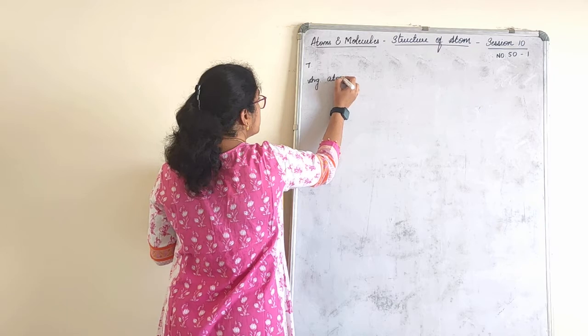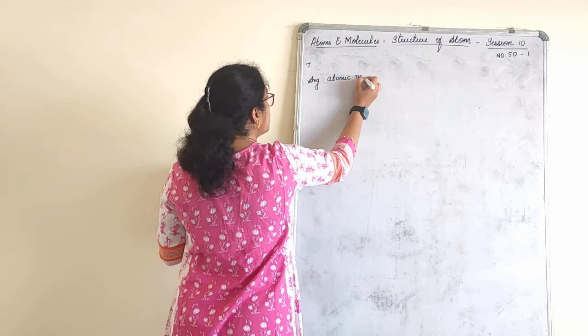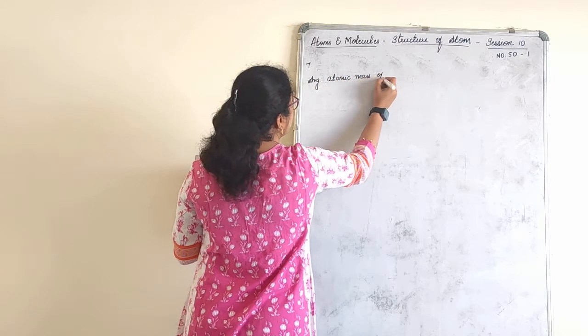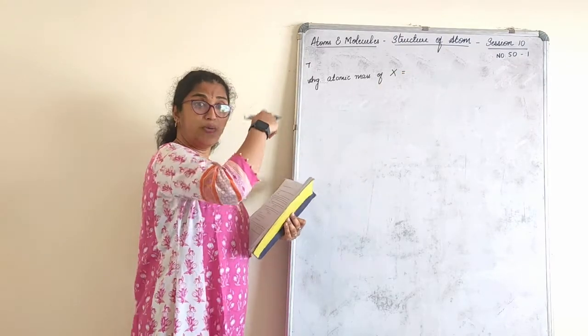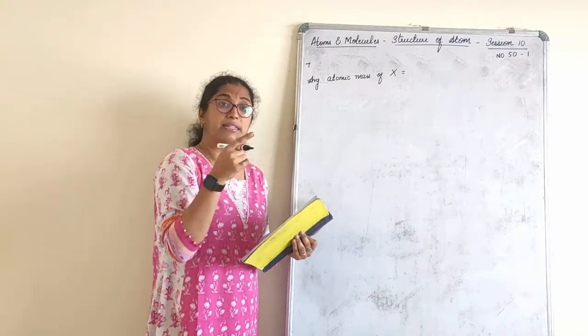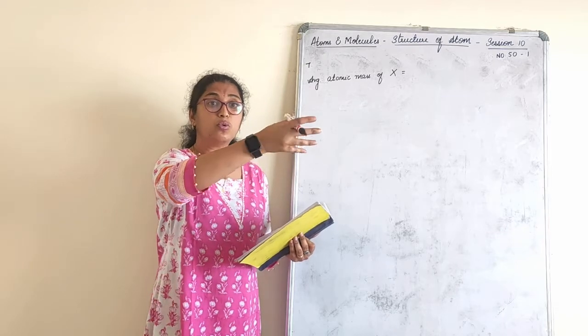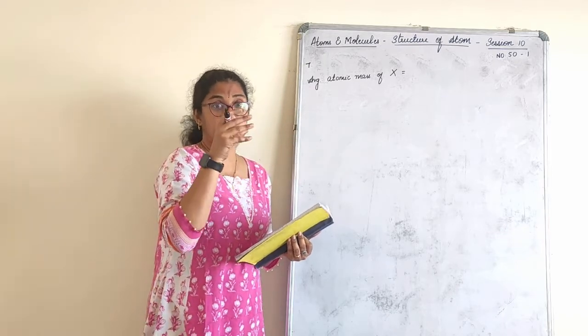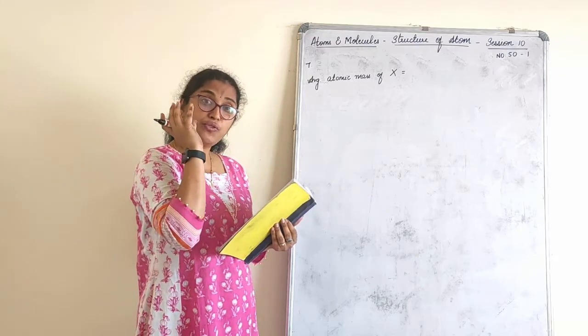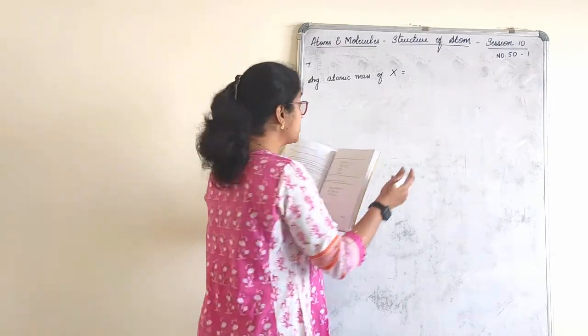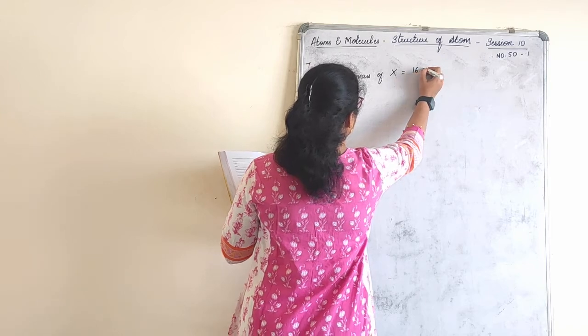Like how we had to calculate bromine's average atomic mass when two isotopes were given in terms of their mass percentage, here they have given the average atomic mass of a given element, 16.2 units.